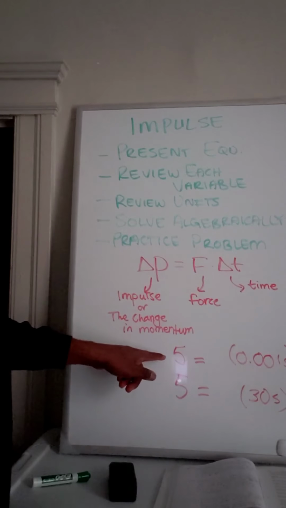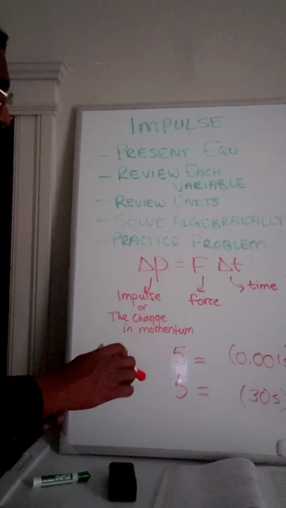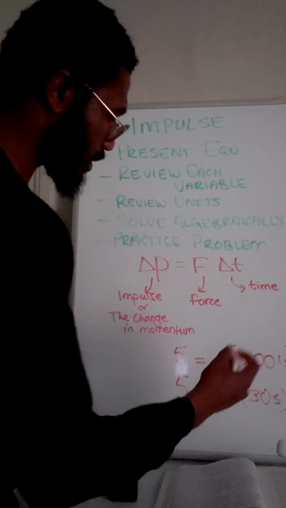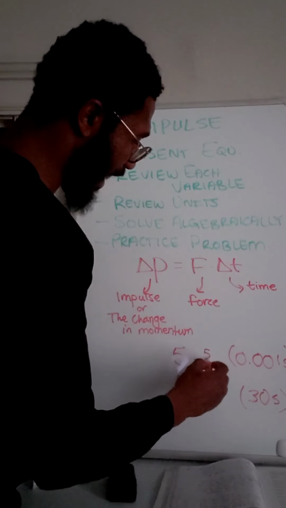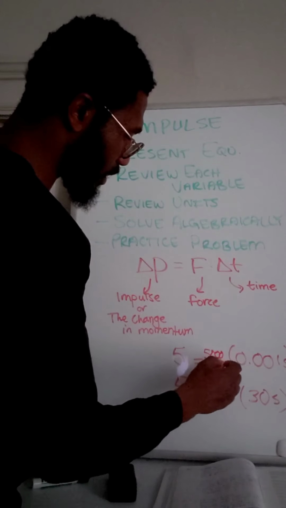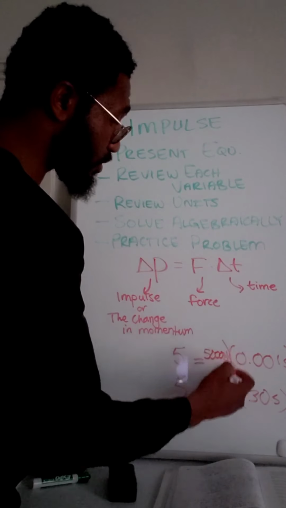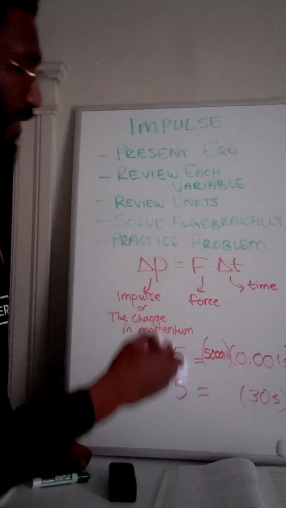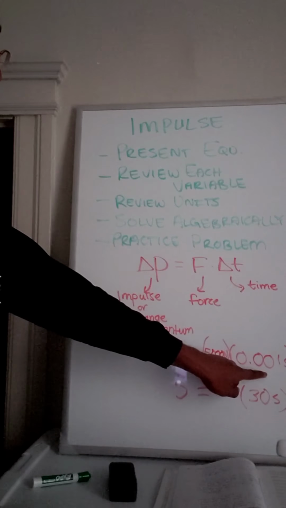So if we're trying to get 5, okay, we're going to need 5,000. 1, 2, 3. So this would be 5,000 newtons of force that the truck experienced to stop in that amount of time.